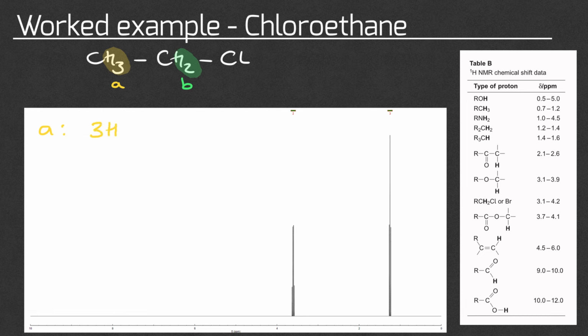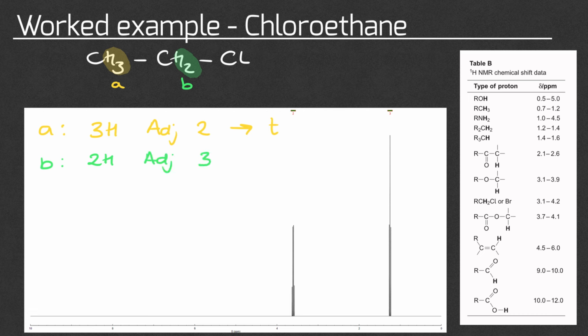There are 3 hydrogens in environment A. A is adjacent to 2 hydrogens. Therefore, we'd expect A to be a triplet. We'll now look at environment B, which has got 2 hydrogens in its environment.